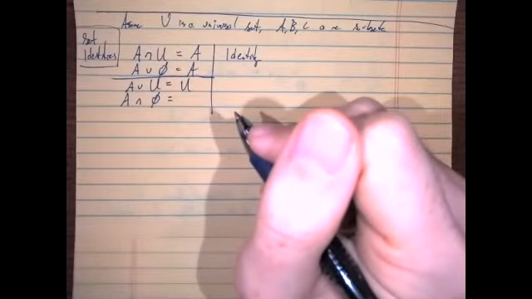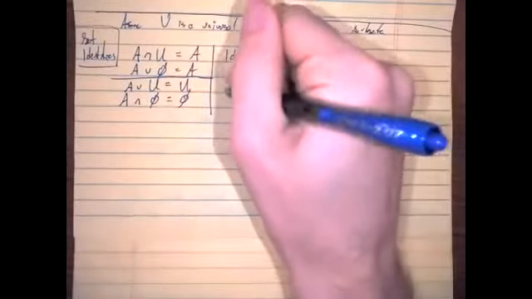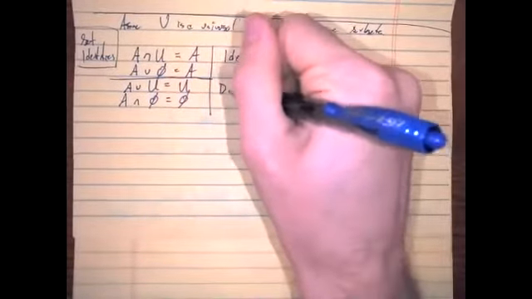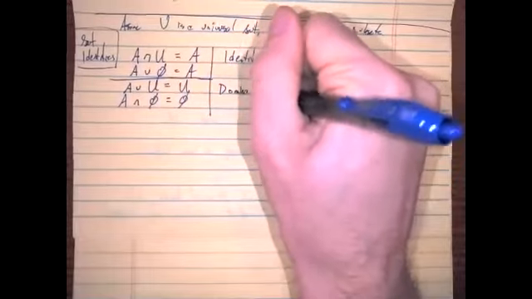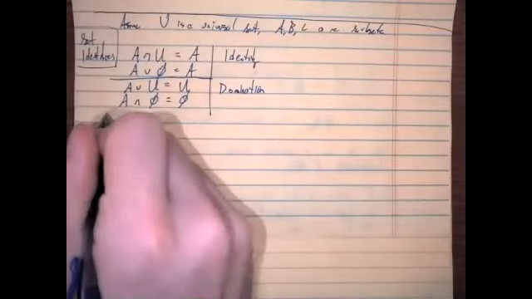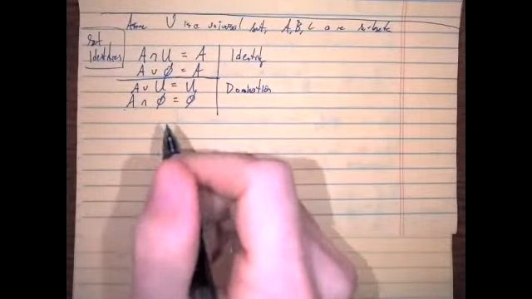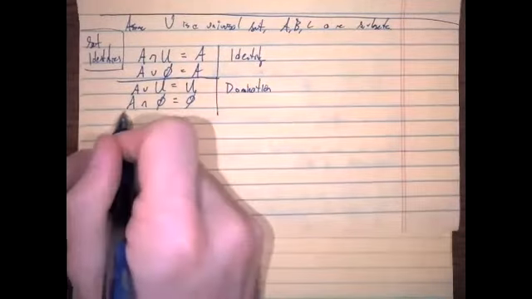What are the common elements of A and the empty set? Yeah, there's nothing in there. So these are called the domination laws, or identities, or rules. I don't know, whatever you prefer. Excellent answers, everyone.